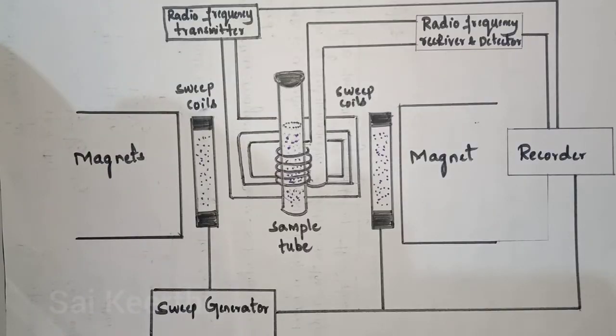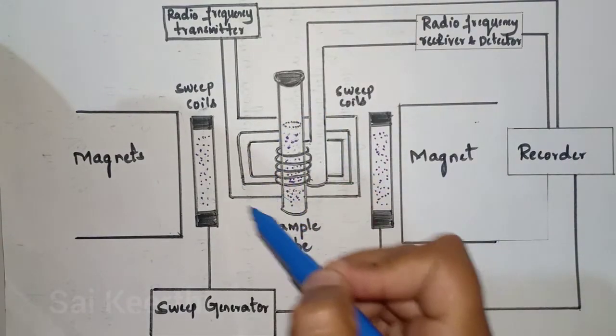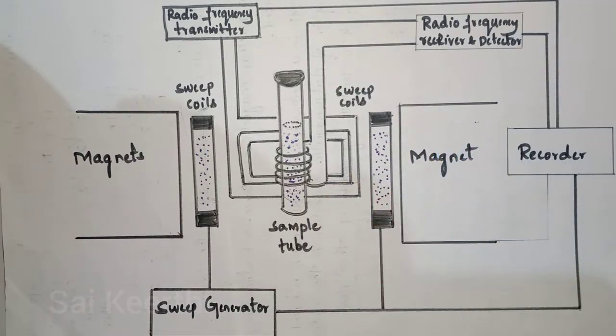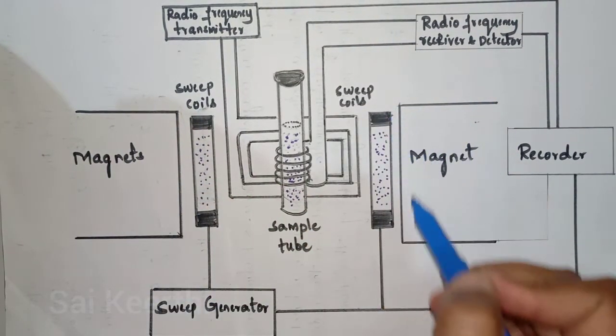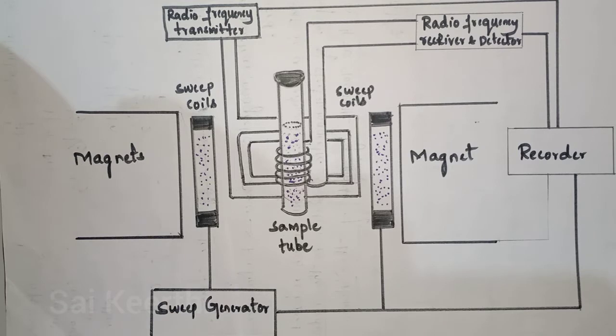As you can see in this instrumentation, here is the sample holder, that is the sample tube, which holds the sample, and these are the magnets. Here is a magnet and here is a magnet. These magnets are very important in NMR spectroscopy.